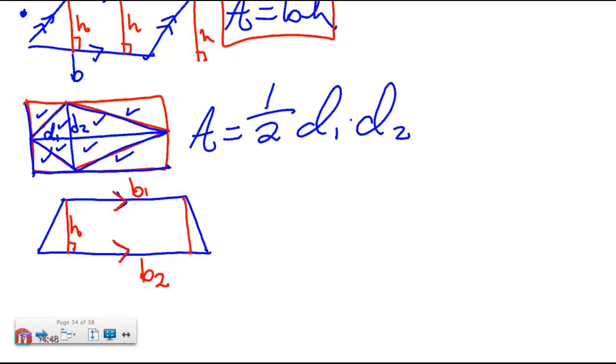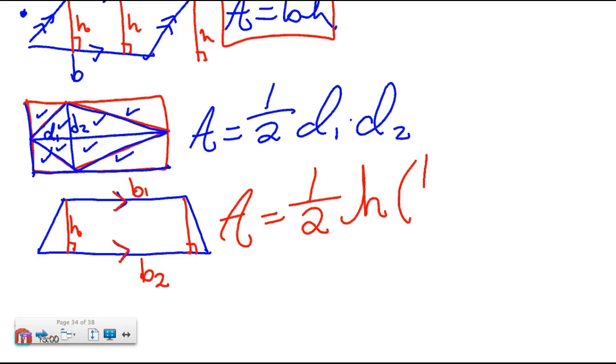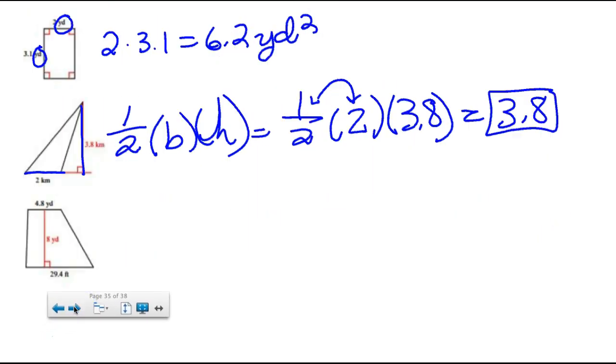It doesn't matter. I'm just dropping perpendicular between the parallel bases. The area of a trapezoid is 1/2 of its height times the sum of its bases. And again, you get to use these notes on your test, so make sure they're rock solid.